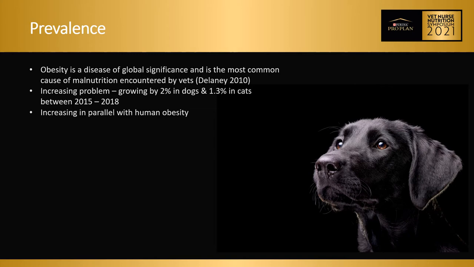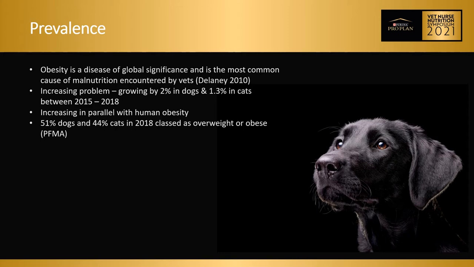And pet obesity is actually escalating in parallel with human obesity in the Western world. About 51% of dogs and 44% of cats in 2018 were classed as being overweight or obese by the Pet Food Manufacturing Association.